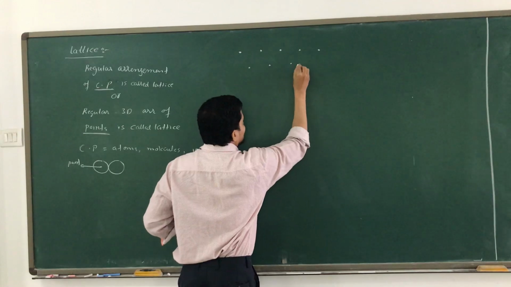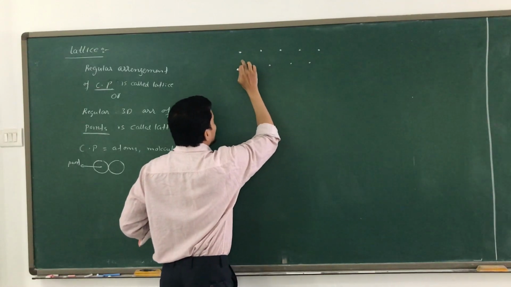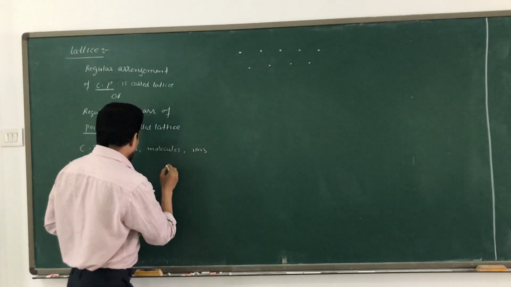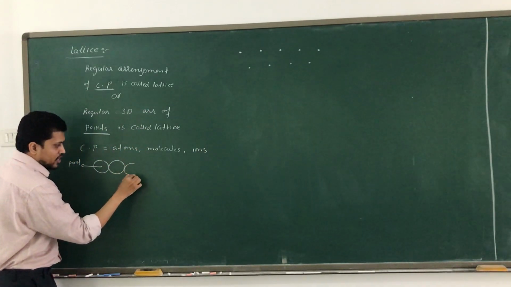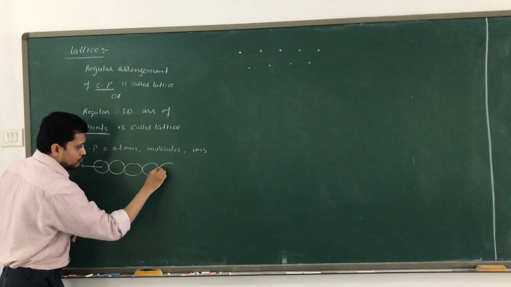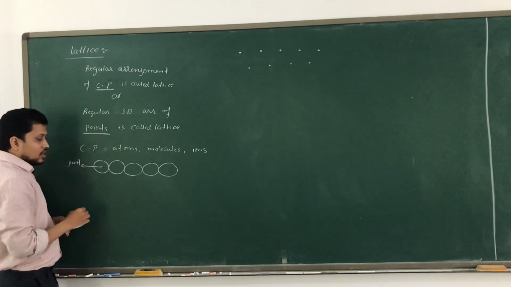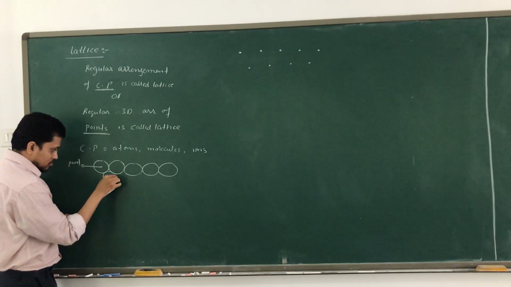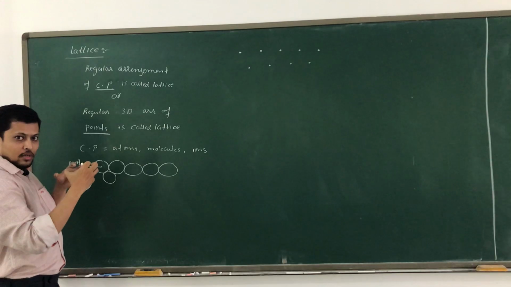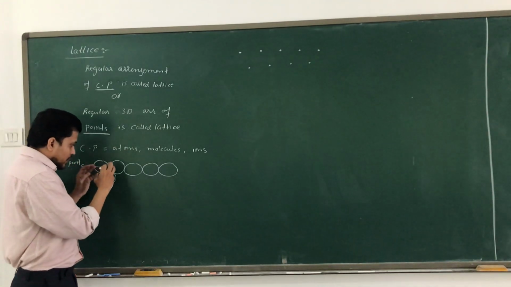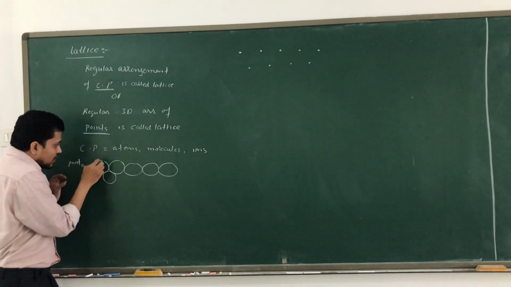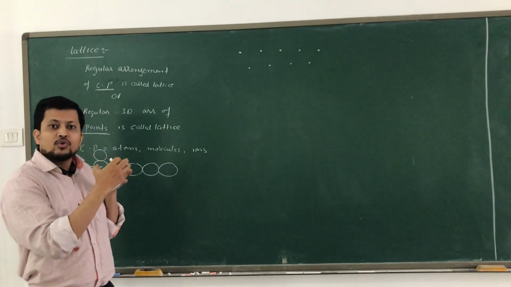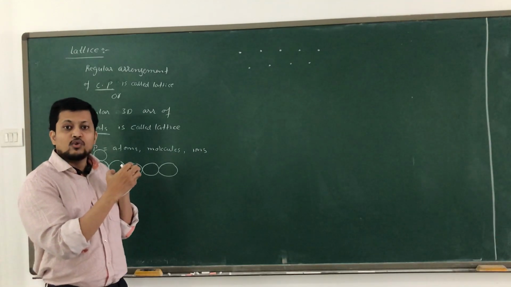Why am I drawing the points in the center over here, and why not over here? If I have arranged the atoms like this, 1, 2, 3, 4, then the atoms which I draw over here are going to occupy this space to make it close proximity. If I put the atom elsewhere, the attachment of atoms is not going to be perfect and the solid is not going to be stronger.